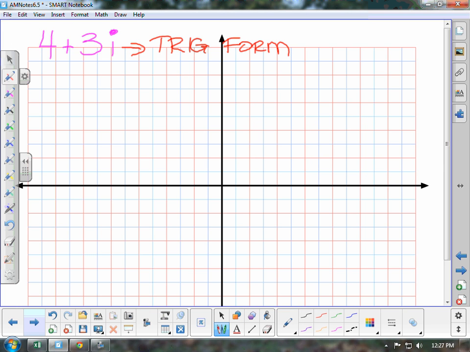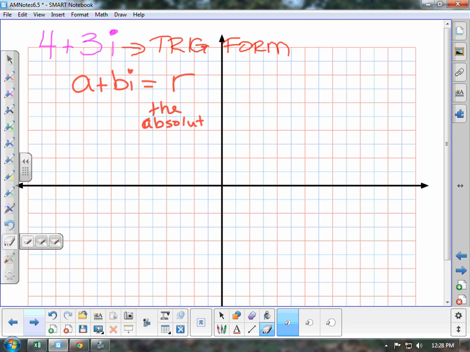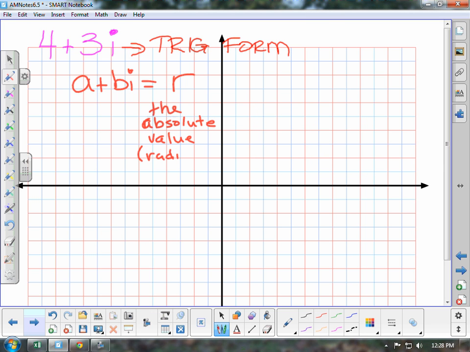And what that entails would be, if you have a complex number, the first thing you would need to find is r, the radius, or the absolute value. Which is also the radius, could be the magnitude, could be the hypotenuse of the triangle.